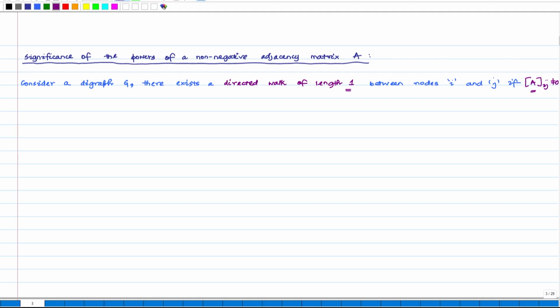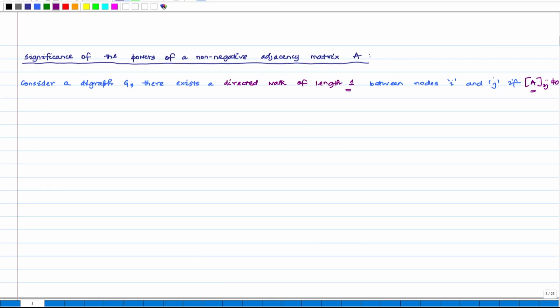Now, let us say if we square the adjacency matrix, does it tell us any information about walks of length 2? For that matter, if we take the cube of the adjacency matrix, does it talk about walks of length 3 and so on? Does A to the power k give us any hint about walks of length k? Let us try to answer that question.